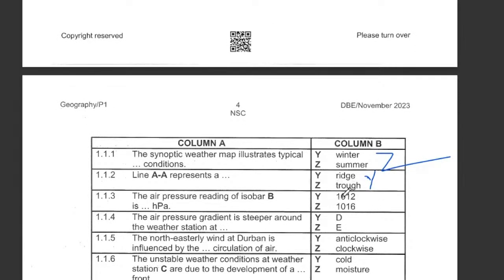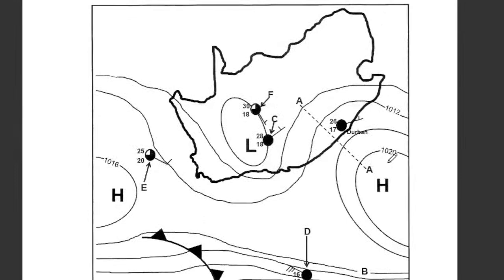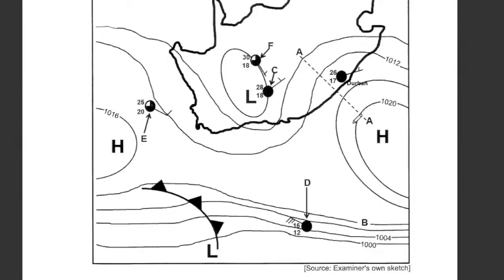Therefore, we shall avoid using that route, and we use another route. The other route we can use for B, we can start from this high pressure. Remember, a high pressure, pressure increases towards the center. That means it is decreasing outward.